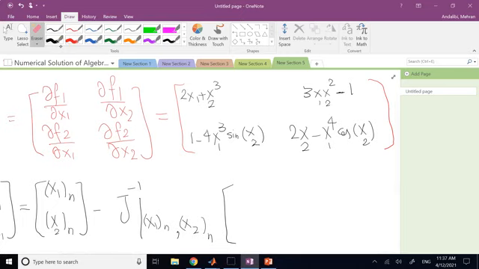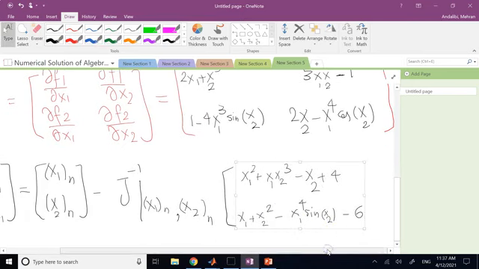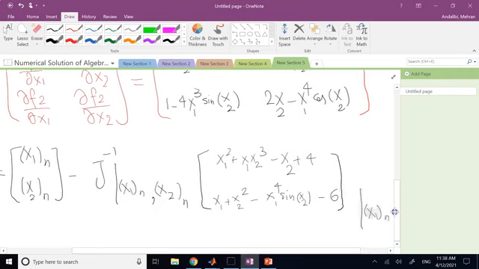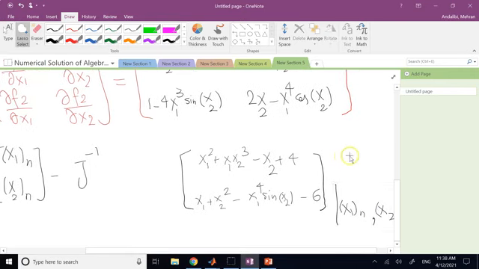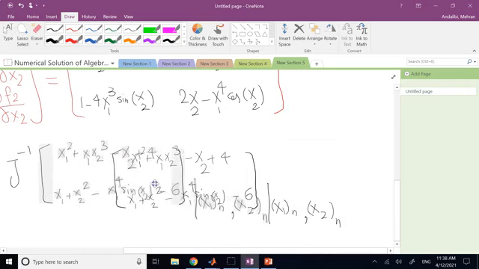And here, I'll try to paste that right there. Good. And this also has to be evaluated at the current x1 and x2. So if you want, you can say this whole thing is evaluated at x1 and x2. Okay, that makes life a lot easier. So here we go.